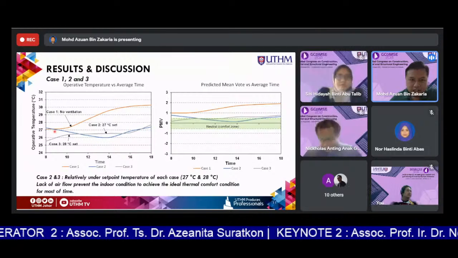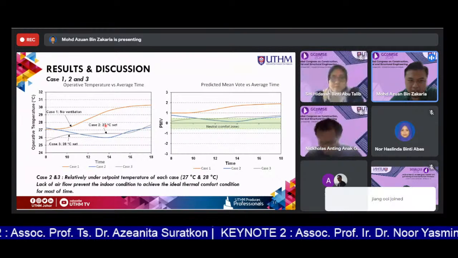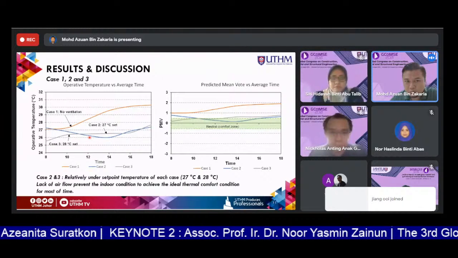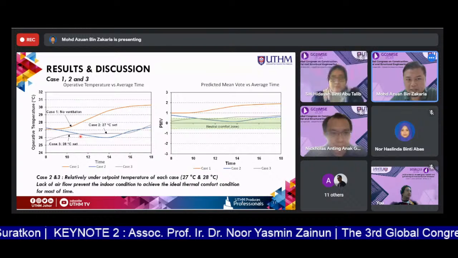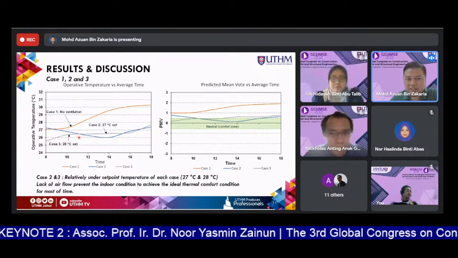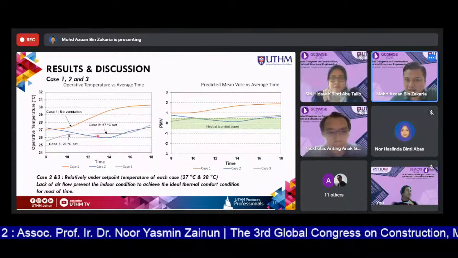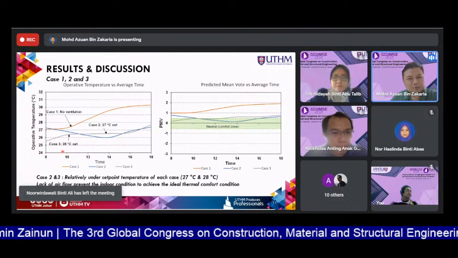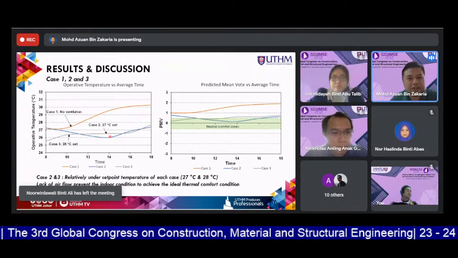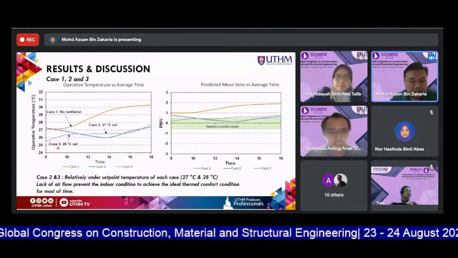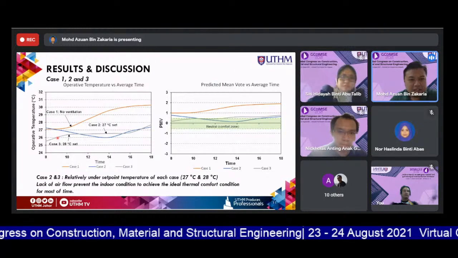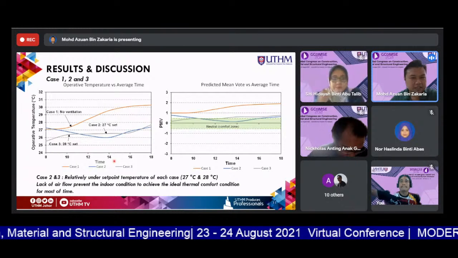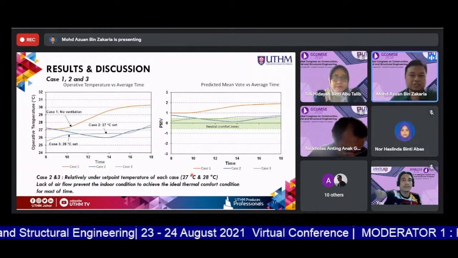However, when we set 27 degrees Celsius, it is quite late to reach steady state, which is after 11 a.m. In contrast, when we set 28, it can reach steady state slightly earlier. Probably this is because of the air conditioner setting.